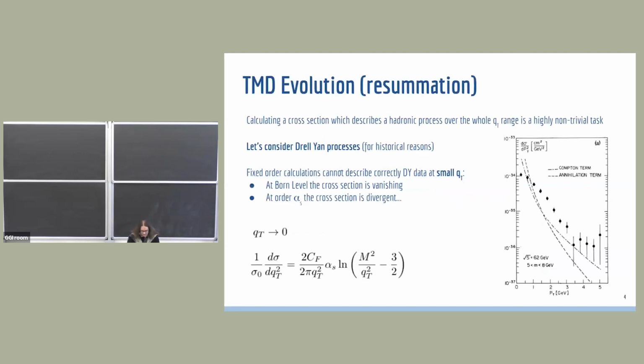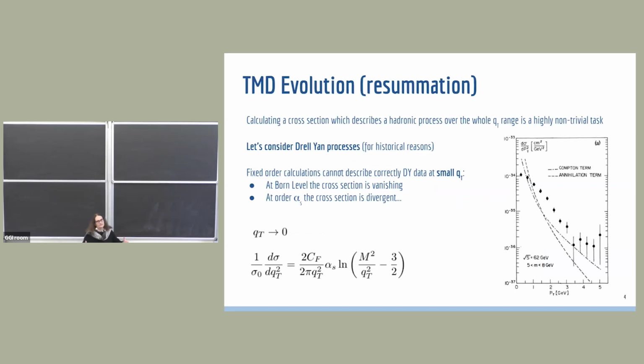Okay, so now let's try to understand what we're talking about from a sort of historical perspective. So we consider a Drell-Yan process just for historical reasons, because it was the first one to be studied at this level. And you can use perturbative QCD, and you can make a fixed order calculation.